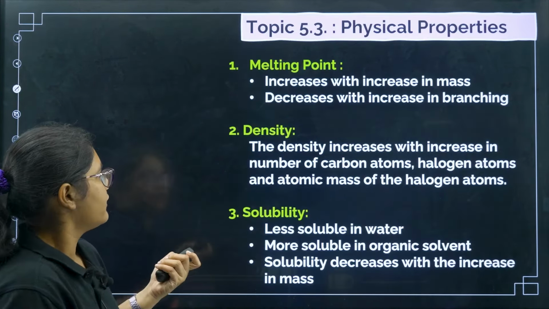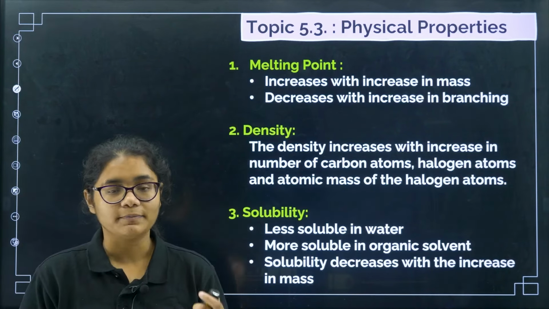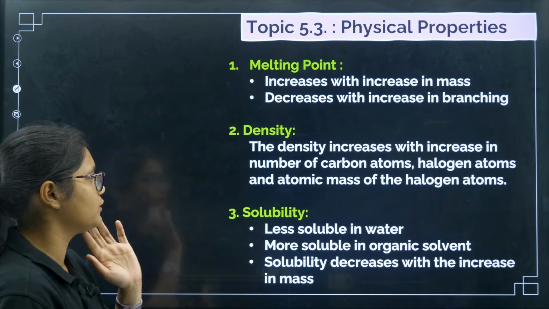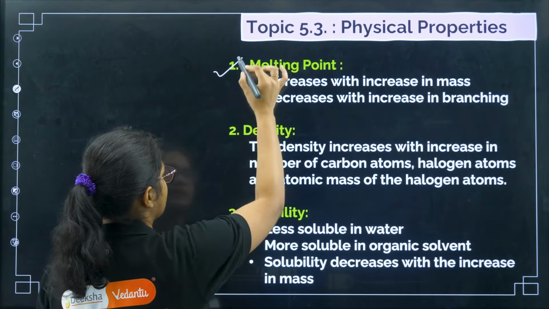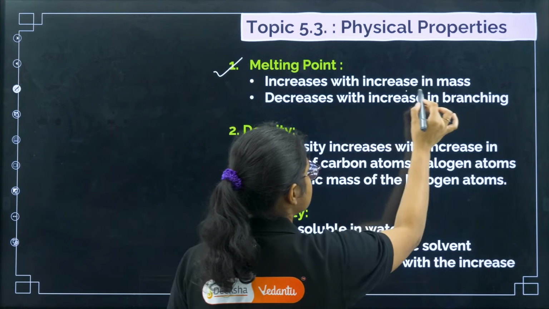Fine. Next, coming to the physical properties. Here we are going to talk about 3 physical properties. First is melting point. Melting point increases with the increase in mass.